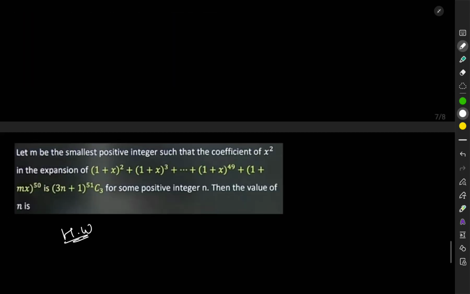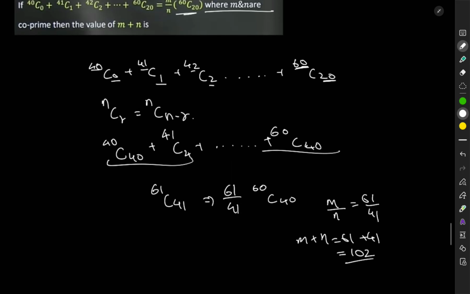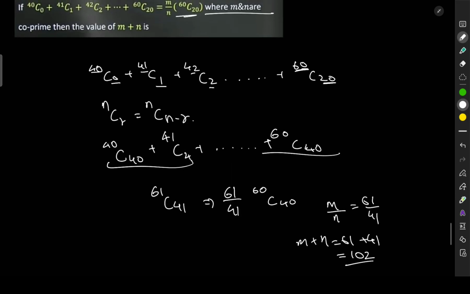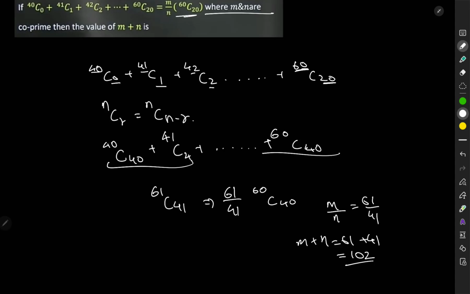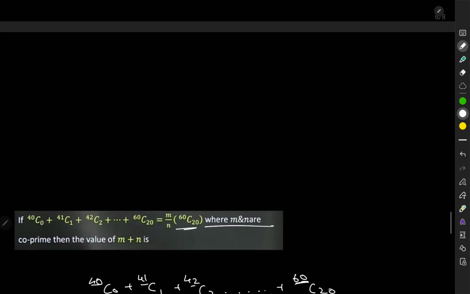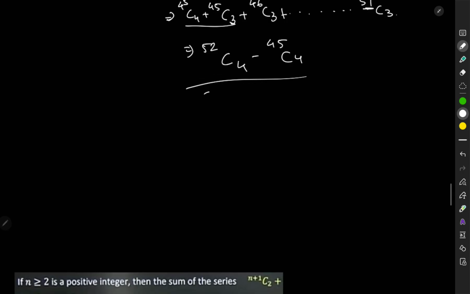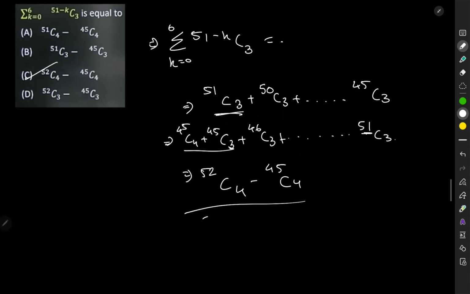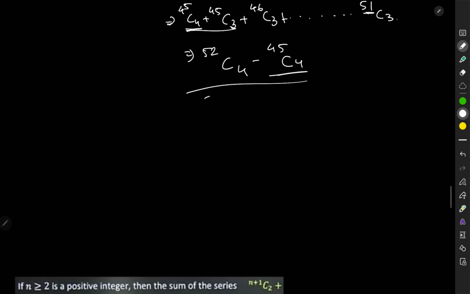Let's go for the next concept. Before going there, a lot of you can ask: if I have added this, I should have subtracted also, right? Like the one I've done here, I have added and then subtracted. In the same way I should have done it there also.